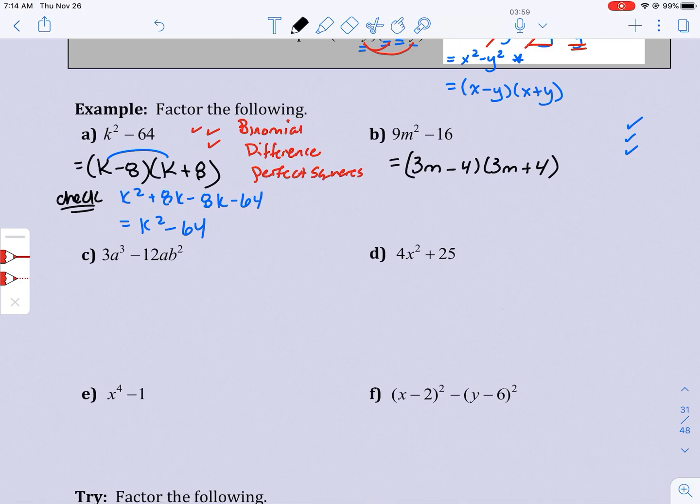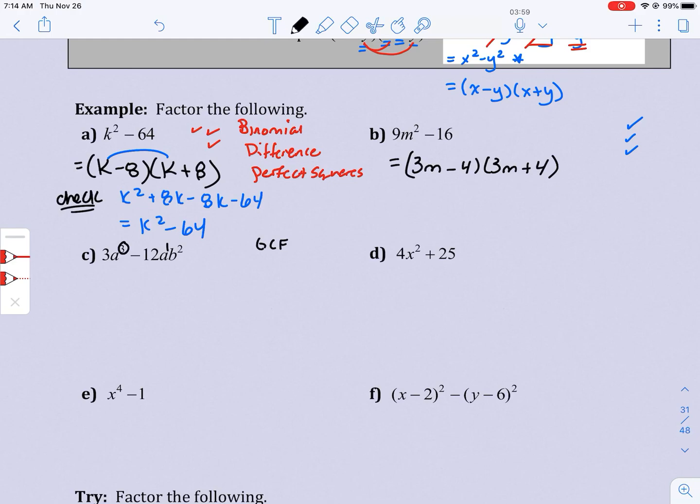3a cubed minus 12ab squared. Now the first thing I recognize right away is I've got an a cubed. That is not a perfect square. But I also know I've got an a over here as well. So prior to doing any kind of factoring, regardless of if it's a binomial, trinomial, etc., we always want to take out the GCF. Now we didn't do that in the first two because there wasn't a GCF.